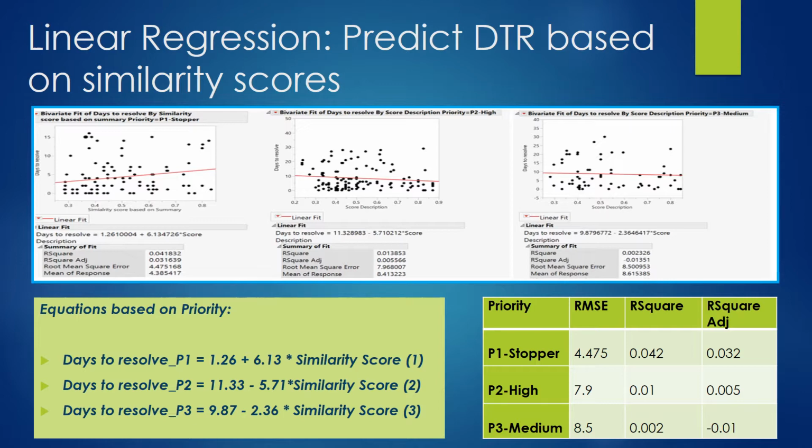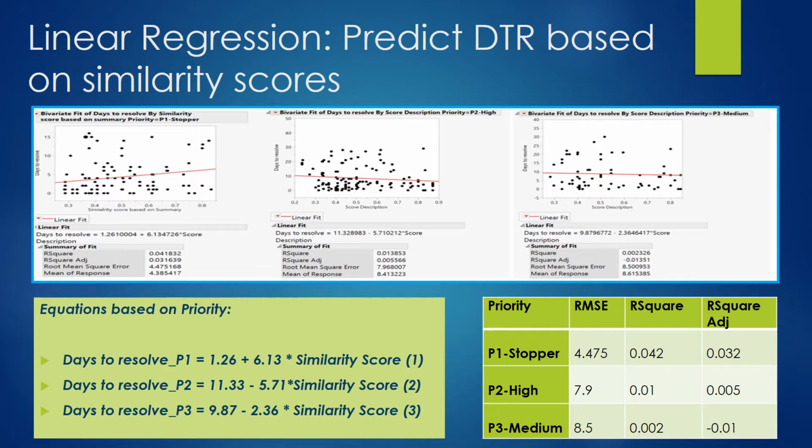Separate linear equations, as we see here, are generated for defects belonging to P1 stopper, P2 high, and P3 medium defects based on linear fit on defect data. For P1 defects, a positive slope, as can be seen in equation 1 and graph 1, indicates positive correlation between DTR and similarity score.